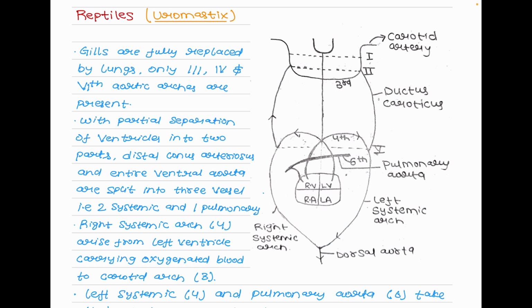Both systemic arches form a dual aortic arch system, one from each side. Oxygenated blood from the left ventricle enters the right systemic arch and carotid artery, which is the third aortic arch. Mixed or deoxygenated blood from the right ventricle flows into the left systemic arch and pulmonary arch.